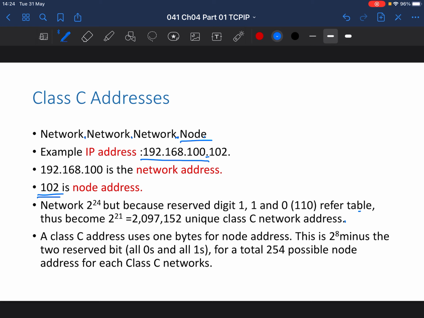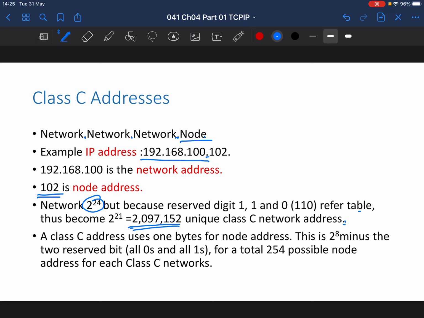Only 1 byte for the node address. Network 2 to the power of 24, but because reserved digits 1 and 0 are not usable, it becomes 2 to the power of 21, equal to nearly 2.1 million unique Class C network addresses.